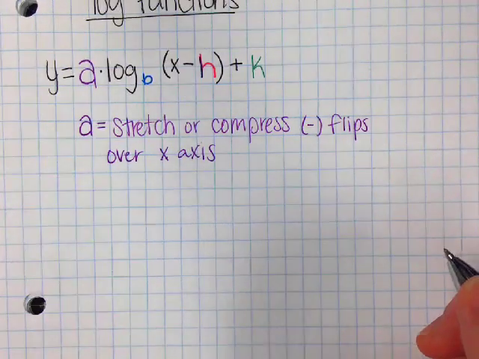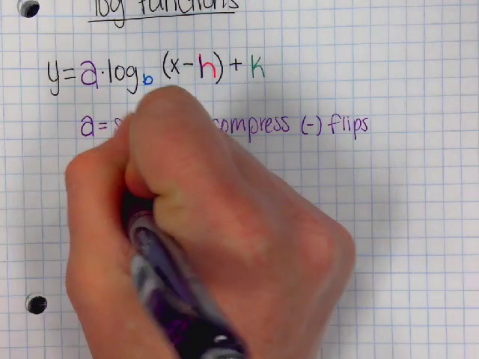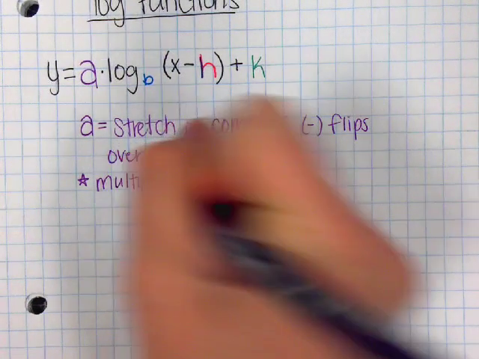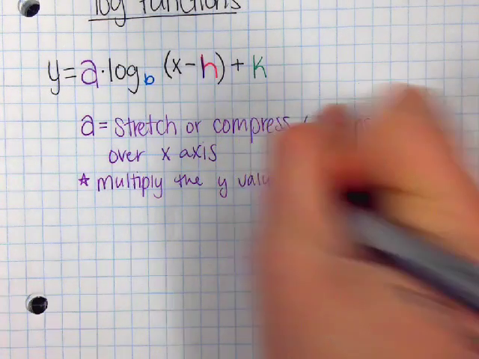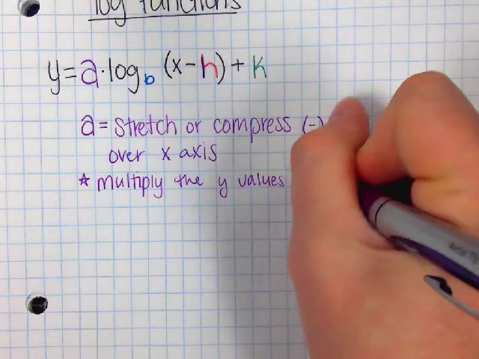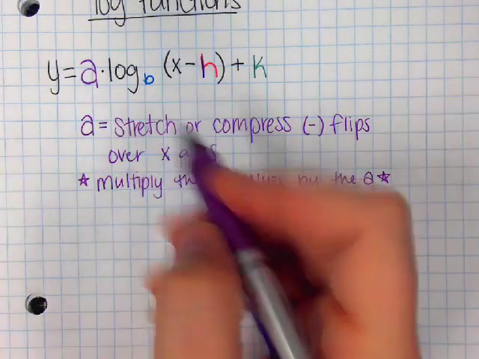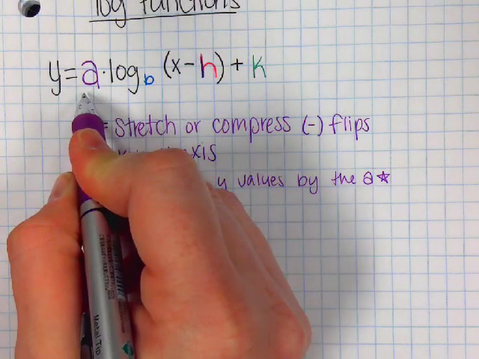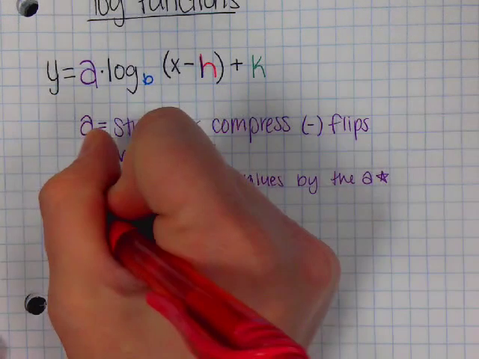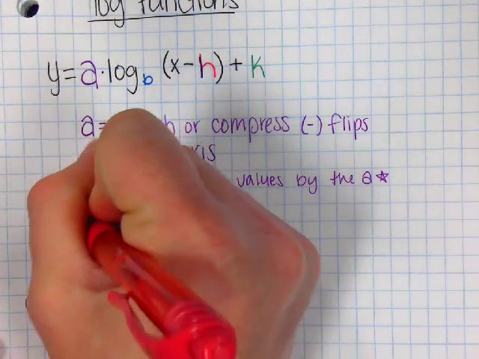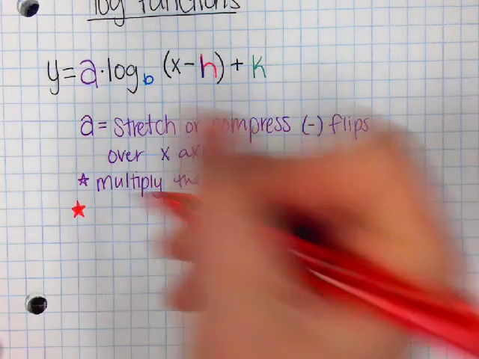Something that helps in this is that you're going to multiply the y values by the a. So whatever this a value is in the equation, you're going to multiply the y values. Okay? I'll tell you what that star means in just a minute.